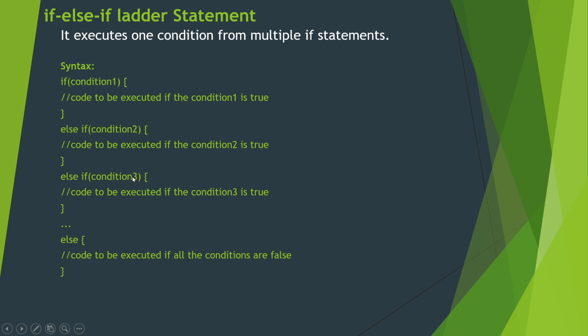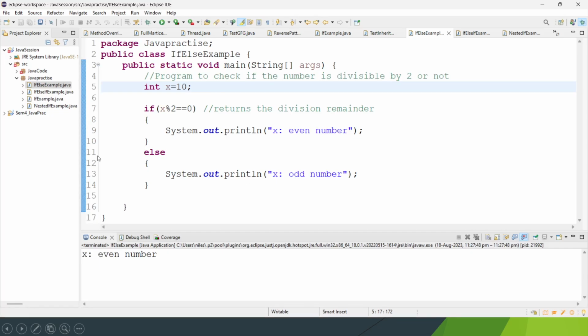If this returns true, then the code of that if statement will get executed, otherwise it will come to the final else. Suppose we have 3 and then we have else, then it will come to the final else, and this will be executed if none of the above conditions gets satisfied. So you can see multiple ifs, that's why it is also known as the if else if ladder. Let's see this with an example.